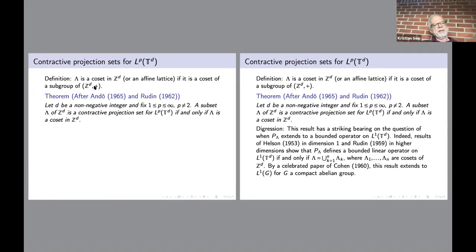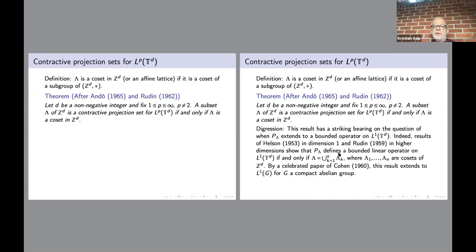And it's a result that wasn't written out explicitly by either of these two people, Ando and Rudin, but it follows from their work that in LP, lambda is a contractive projection set if and only if lambda is a coset in Z^d. You can go back and check for yourself that, of course, what we had before, these are indeed cosets, the case of arithmetic progressions in dimension 1 and M-homogeneous polynomials in higher dimensions.